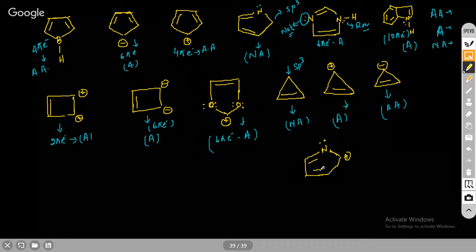Tell me. It has 4 pi electrons, correct? 2 plus 2, 4 pi electrons, because this lone pair is in the perpendicular plane. This lone pair is not involved in resonance, right? So 2 plus 2, 4 pi electrons. Now it is anti-aromatic. But when I put negative charge here, then 2 plus 2 plus 2, 6 electrons we have, then it becomes aromatic. Clear? If you put negative charge here, then 6 pi electrons, it becomes aromatic.